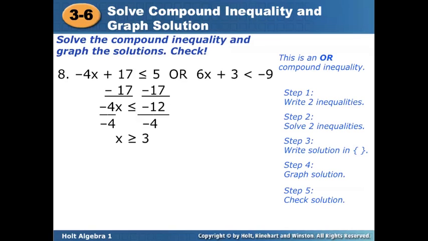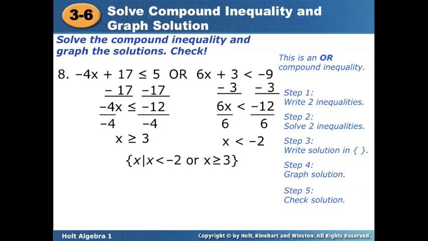Solve the second inequality. So these are our solutions. We have x is greater than or equal to 3, or x is less than -2. Put them in your set notation and check your graph.